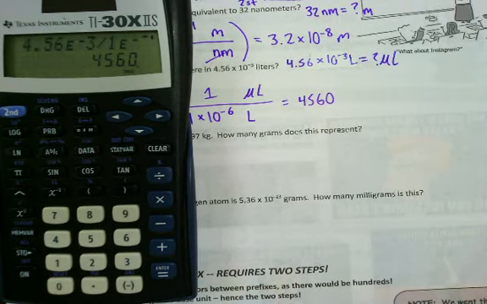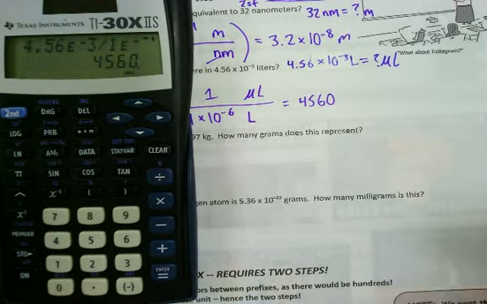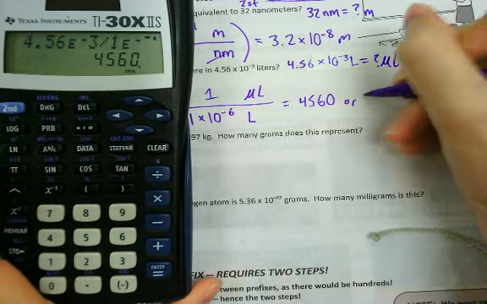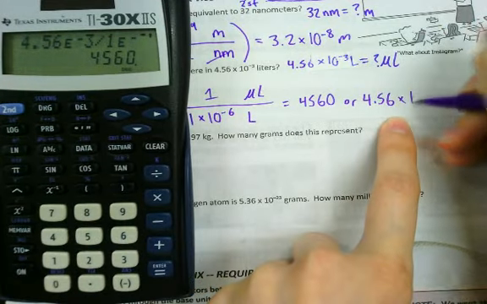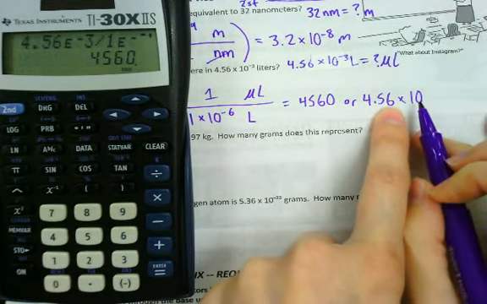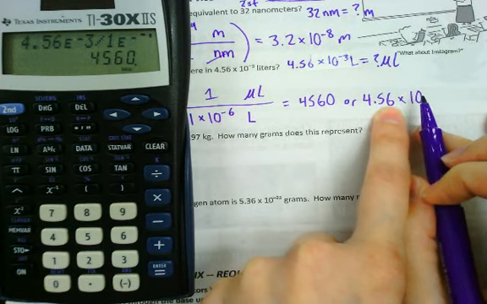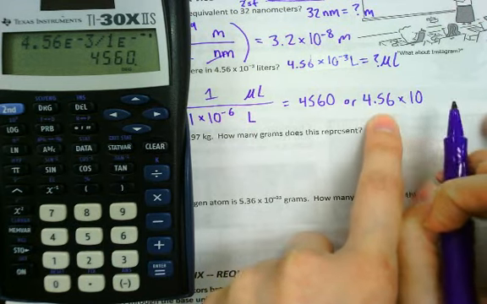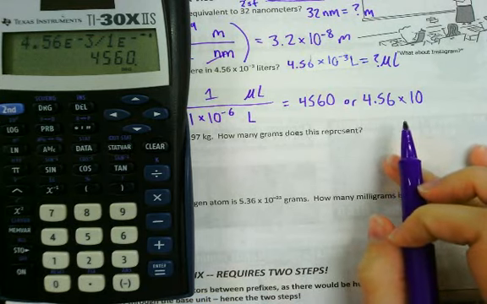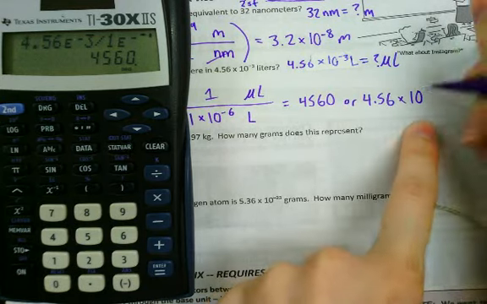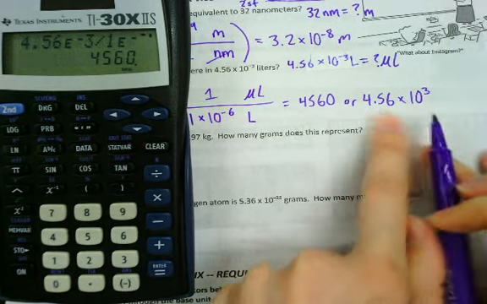Did anybody get it in scientific notation? Do you want to share? Anyone want to share in scientific? Yes, sir. 4.56 times 10 to the what? Negative 7. It's not negative 7, so retype that in your calculator, see if you do something. Yes, ma'am. 10 to the power of 3, yes.